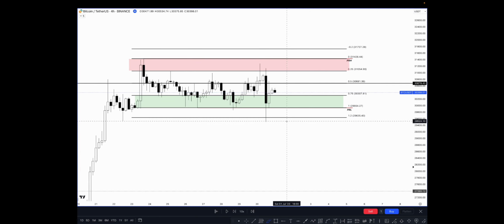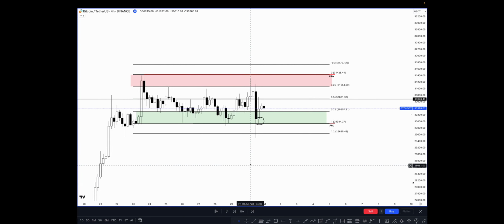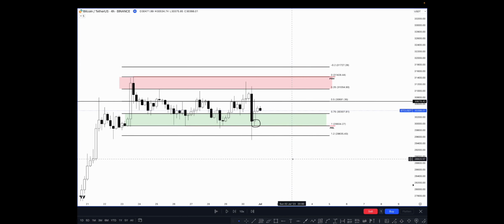So again, if you want to have a rule where even the wick that goes outside the 1.2 is not valid, that's totally fine. You can again do whatever you want. But this now would be the first point at which I would see a valid range trade. So hopefully that explains why you can just simply wait.